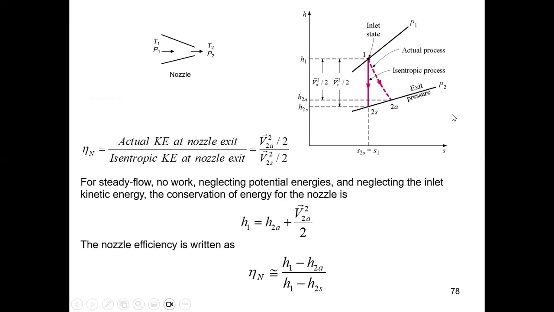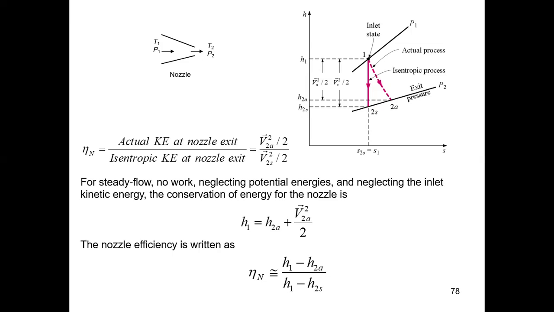And we can calculate the efficiency as the actual kinetic energy at the nozzle exit divided by the isentropic kinetic energy at the nozzle exit, which is V2A squared, velocity squared divided by 2. You're taking the kinetic energy. A means actual, S means isentropic process.